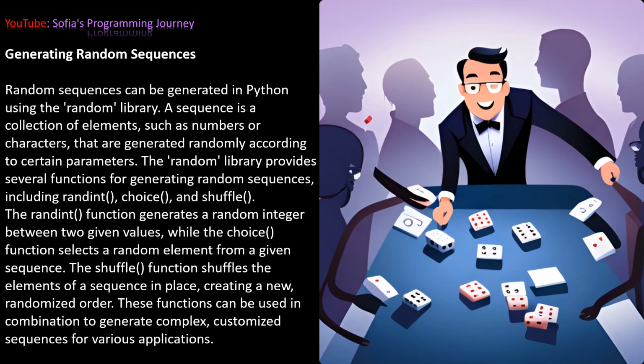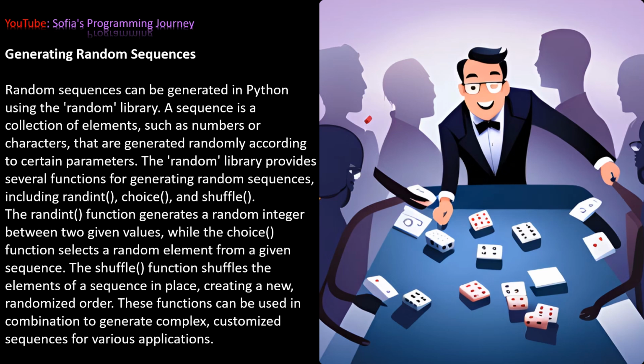Generating random sequences. Random sequences can be generated in Python using the random library. A sequence is a collection of elements, such as numbers or characters, that are generated randomly according to certain parameters. The random library provides several functions for generating random sequences, including randint, choice, and shuffle.